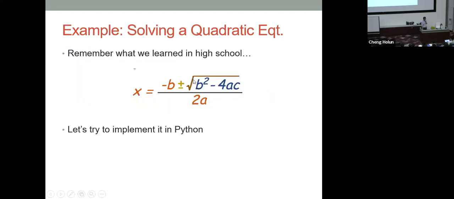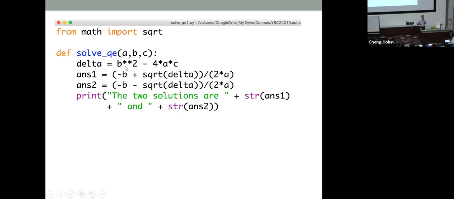Delta is, when you go back to this equation, this part, B squared minus 4AC. And when we write it as a Python expression, it is B to the power 2 minus 4 times A times C. Can you write 4AC? Cannot, right? Because it's Python. I cannot just write 4AC, although I'm very tempted to.